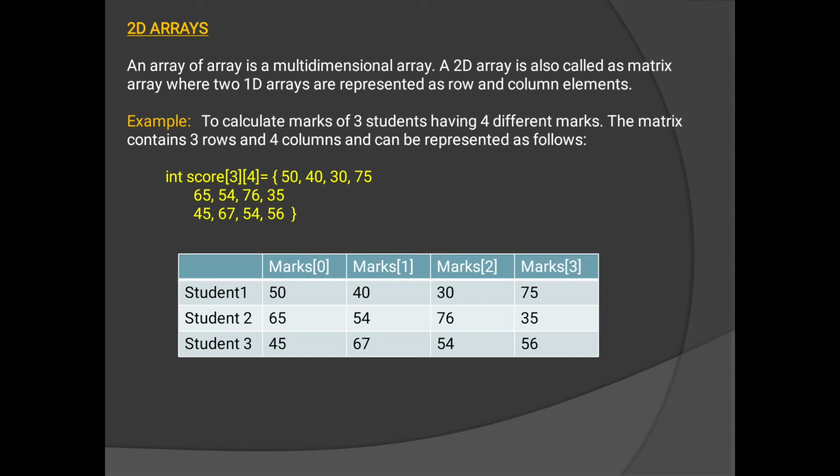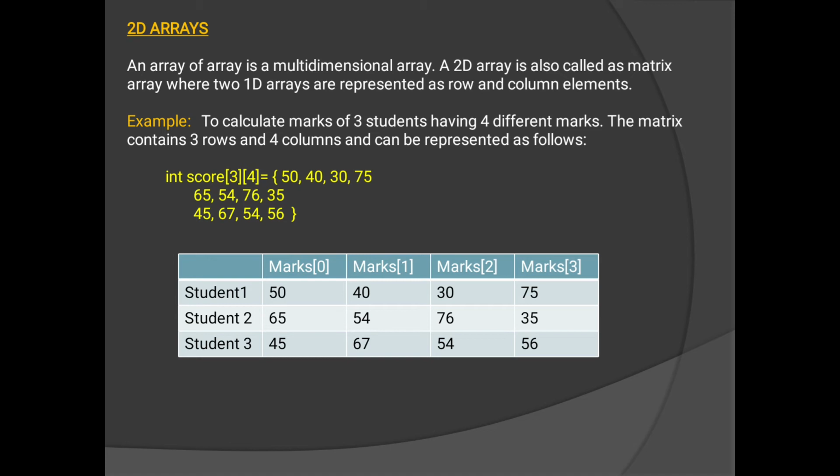You have to calculate marks of three students having four different marks, that means marks in four different subjects of three students. So this matrix contains three rows and four columns, which can be represented as follows.